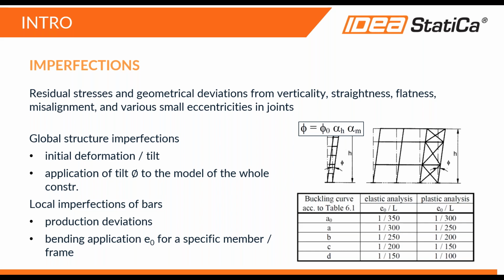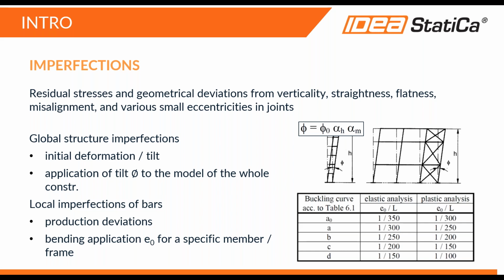And then there are imperfections on the construction side, where when the structure is being assembled, you've got some non-ideal straightness, misalignment, and so on, small eccentricities, different from the ideal drawings that we produce as designers of the structures. And those imperfections, there are 2 types, right?